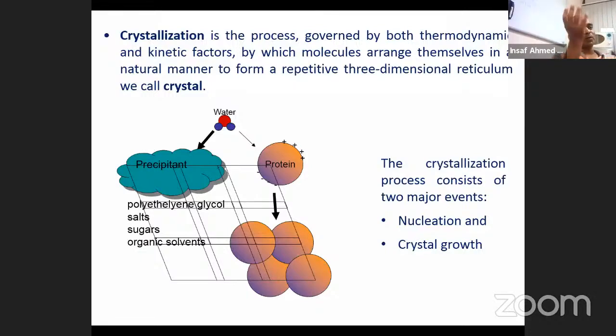So you take a protein molecule, and the protein molecule is present in a solution. Now you add a precipitant. What is the role of the precipitant? When protein is present in the solution, there are a lot of water molecules around the protein.